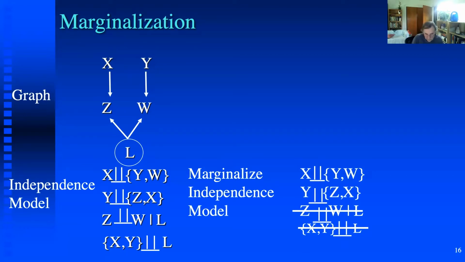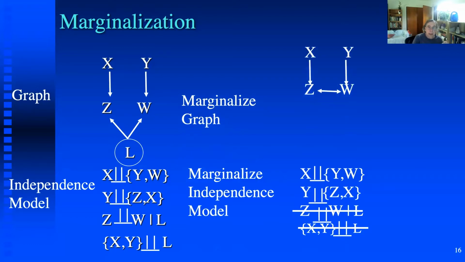They're not even mentioned. What I would like to have, and what I don't have with DAGs, is a DAG in which I could marginalize the graph and get out a graphical object which represents that marginal independence model.